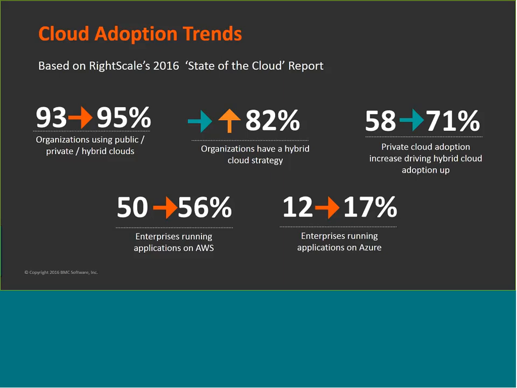The other two at the bottom are very salient as well. 50 to 56% of enterprises are running applications on AWS. People are embracing the Amazon cloud, and a lot of the platform as a service and software as a service offerings that Amazon is providing as part of that AWS platform. And of course, the last one, 12 to 17% are now embracing Azure as well in the cloud from Microsoft.